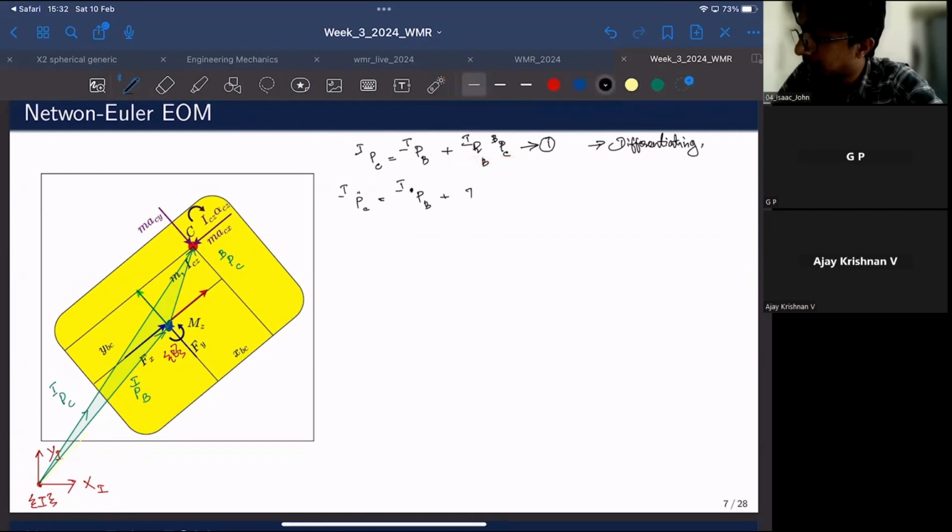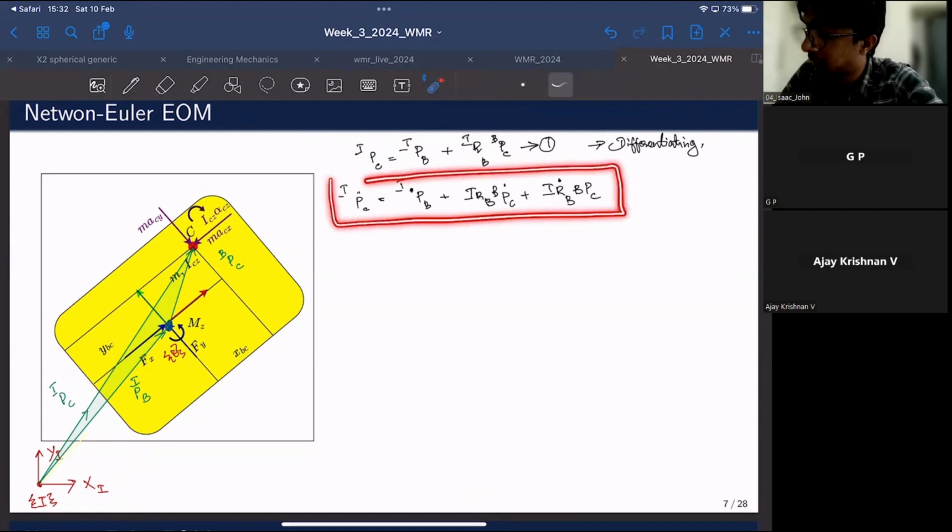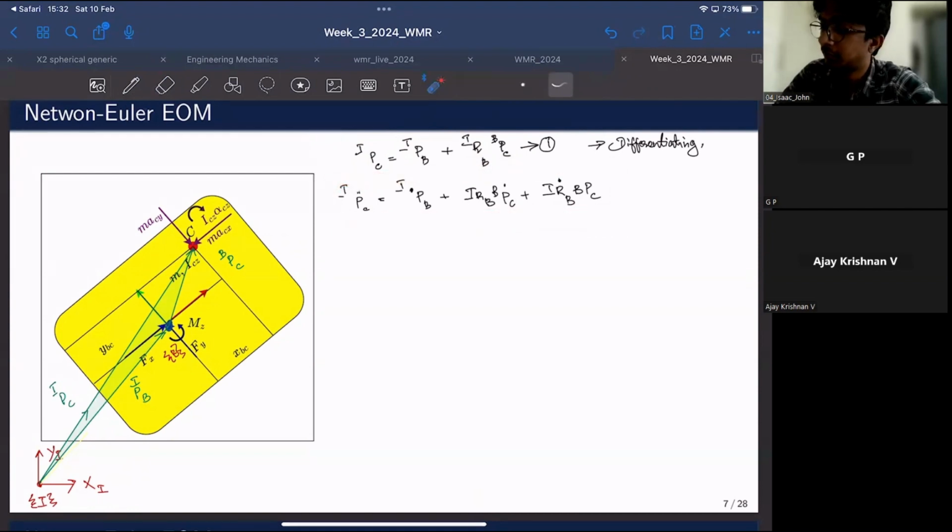It will be I R B times B P dot C plus I R B dot times B P C. I hope this expression is clear enough. We are only differentiating this expression with respect to time.